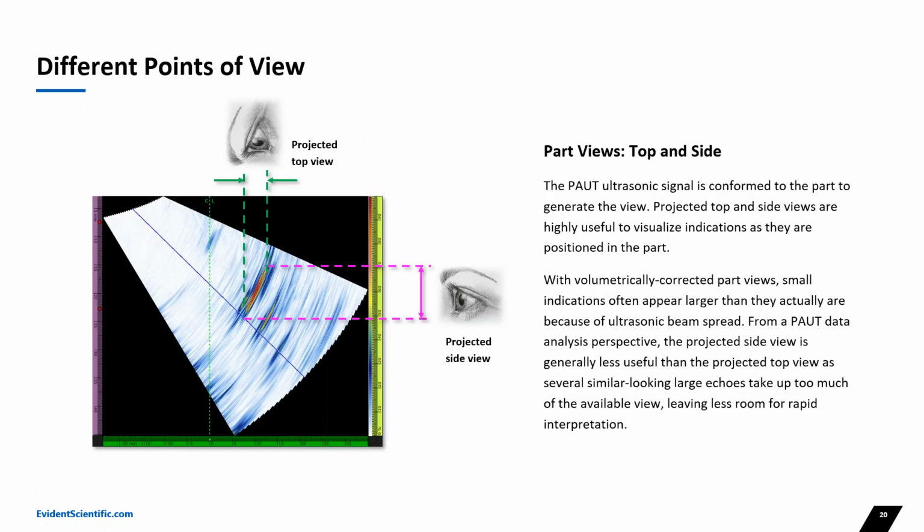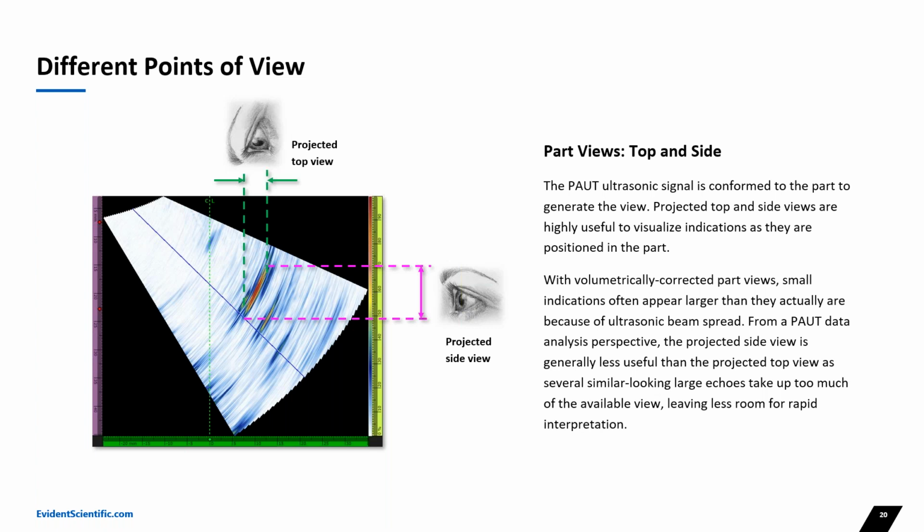Now, how does that translate to actual representations? The way I like to explain this is each of these views that I just explained, the top view, projected top, projected side, C-scans and B-scans, they're all different points of view looking at reconstructed or corrected ultrasonic data.